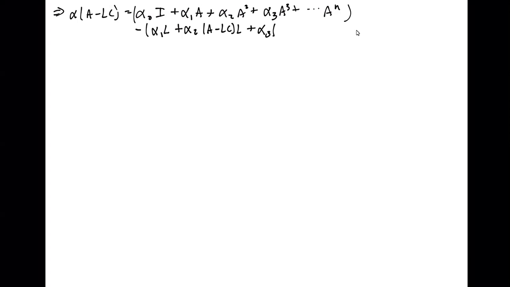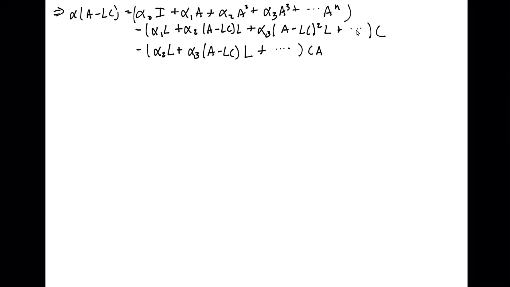Alpha 3 A minus LC squared L times C. And then this guy minus alpha 2 L plus alpha 3 A minus LC times L times CA.